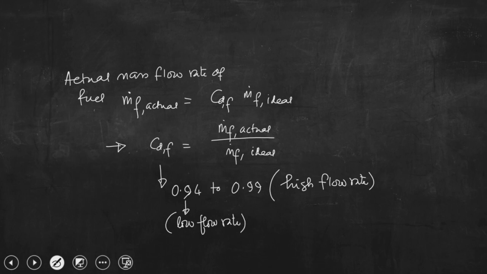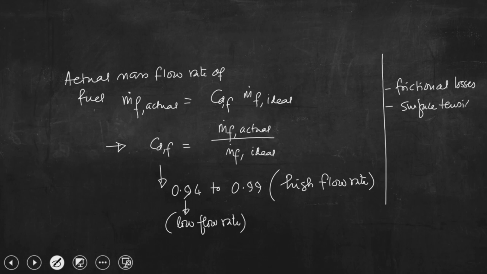And this particular coefficient is responsible for the deviation of actual flow. So, basically you know what we had written, that frictional losses, surface tension effect and fuel specific gravity.